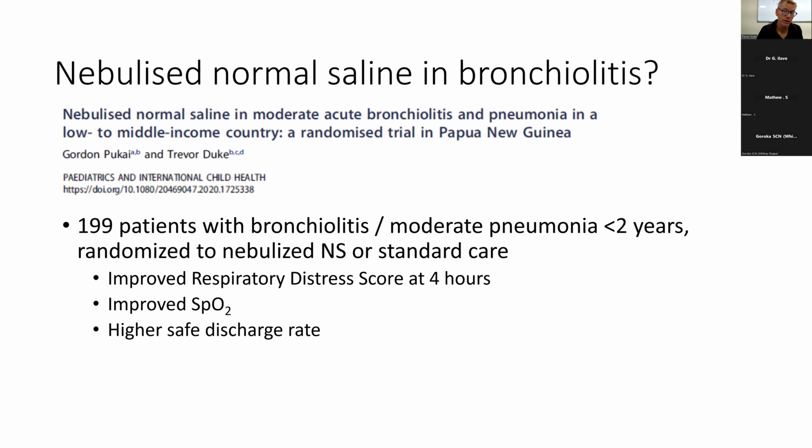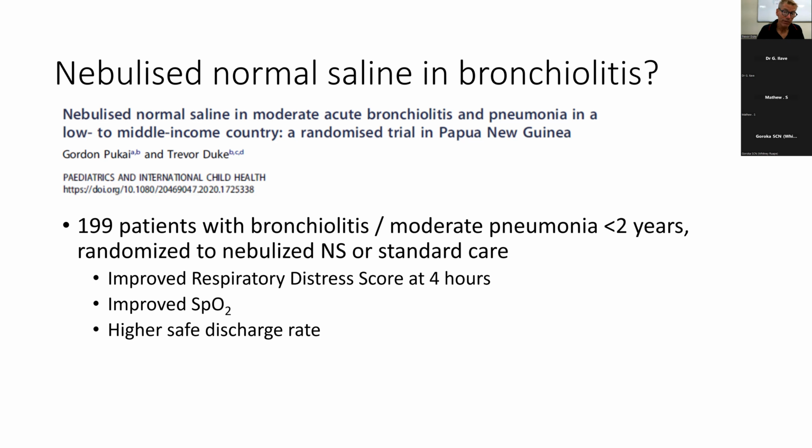Nearly 200 patients with bronchiolitis under 2 years of age either received nebulized normal saline or standard care. And those that got normal saline had reduced respiratory distress score at 4 hours, improved oxygen saturation, and a higher safe discharge rate. That meant that after 4 hours, more were able to be discharged without bouncing back with worse respiratory distress.